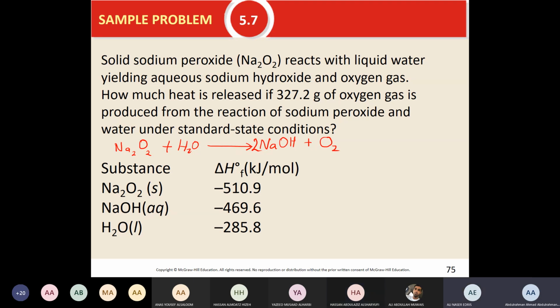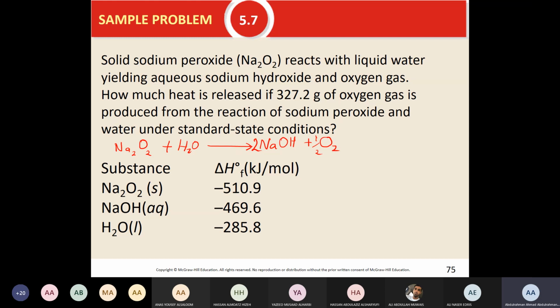Half O2. Now it is balanced, because there are 2 sodium, 2 sodium, 2 hydrogen, 2 hydrogen, 3 oxygen on this side and 3 oxygen on this side.